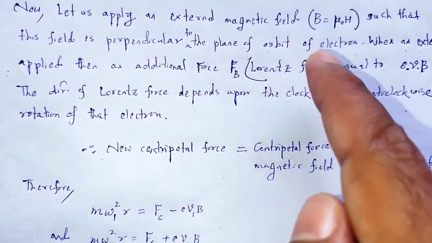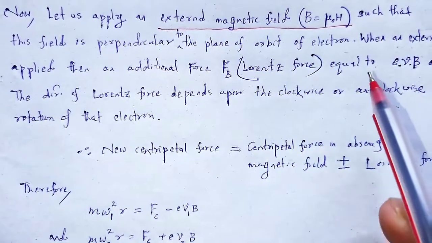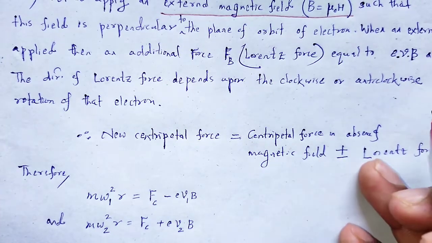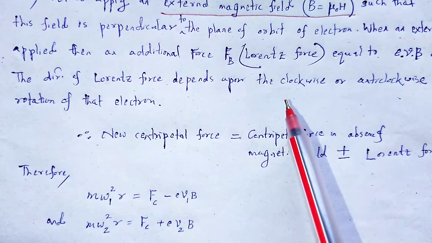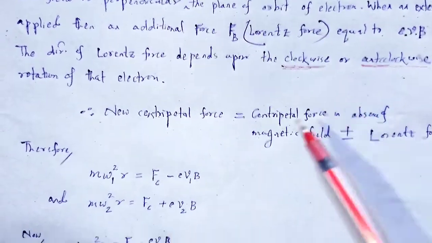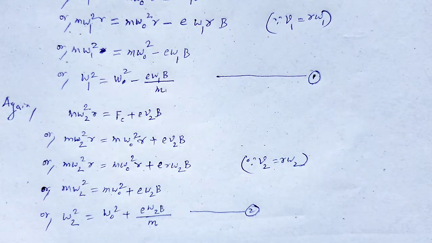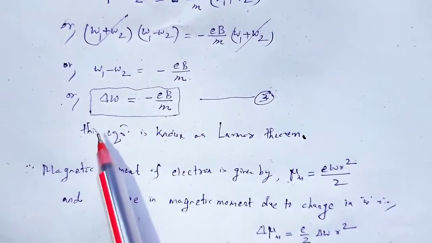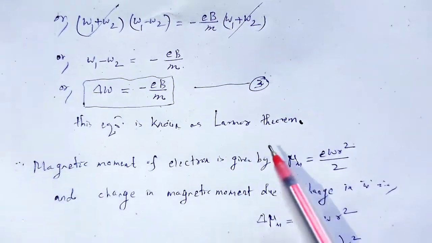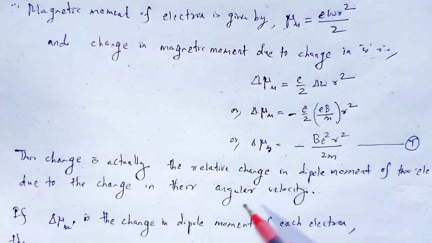If we apply an external magnetic field B is equal to mu naught H, the new centripetal force will be the centripetal force in the absence of magnetic field plus or minus the Lorentz force, and that plus or minus depends upon whether the electron is clockwise or anti-clockwise. And the change delta omega is equal to minus e B divided by 2m, which is the Larmor theorem. So the change in magnetic moment due to the change in omega is calculated.